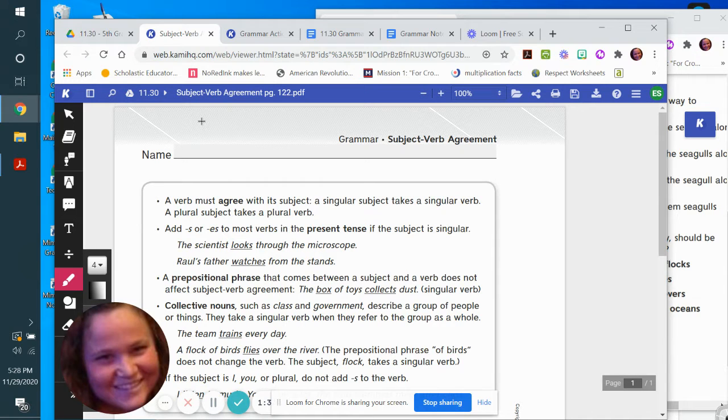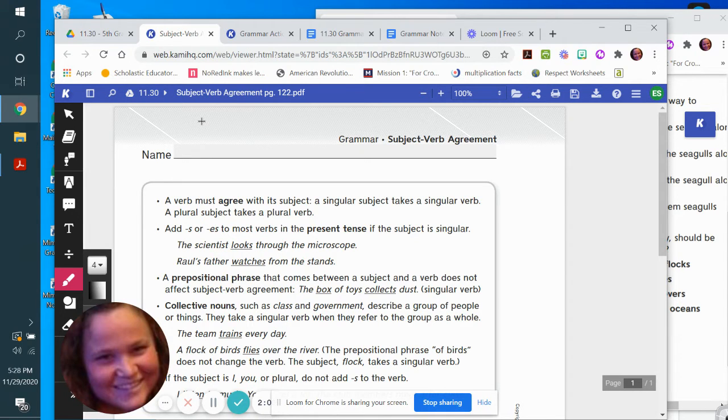In order to do that, we add s or es to most verbs. So the scientist looks through the microscope. If it's happening right now, we wouldn't say looked, or he had looked. We would say the scientist looks through the microscope, because look doesn't make sense.